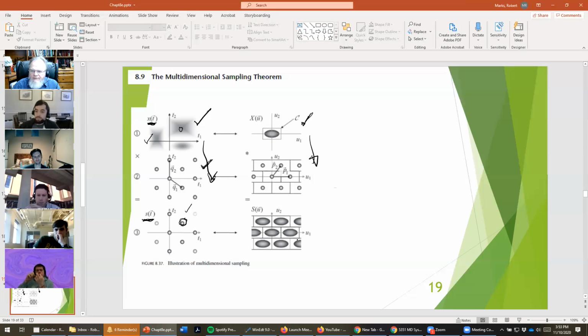And I think you can see the phenomena of aliasing here too. What happens if we make this sampling too coarse? If the sampling is too coarse, these Dirac deltas are going to be close together, and these spectra are going to overlap, won't they? These spectra are going to overlap. So we better make this such that the replication of the spectra don't overlap. Otherwise, we have aliasing.